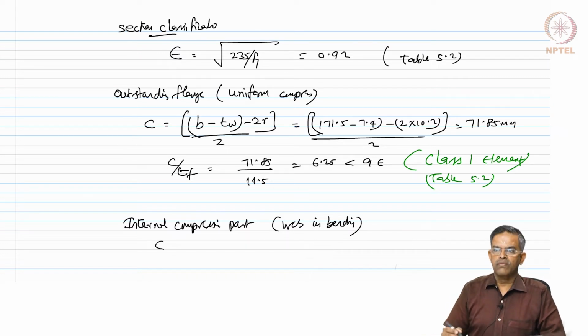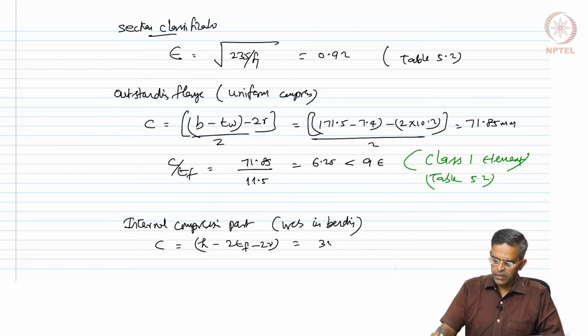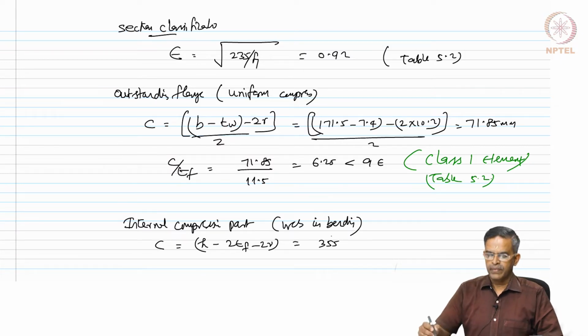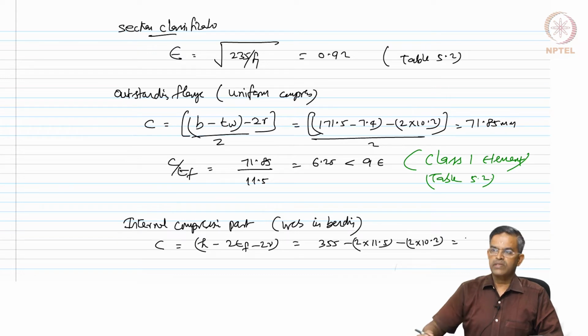Let us compute that for C is equal to H minus 2TF minus 2R, which is going to be 355 minus 2 times 11.5 minus 2 times 10.2, which gives me 311.6 millimeters.